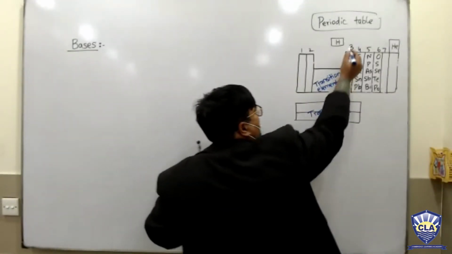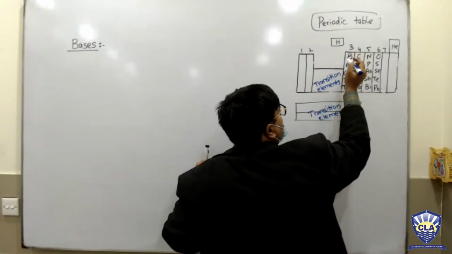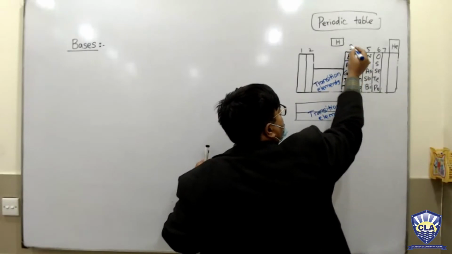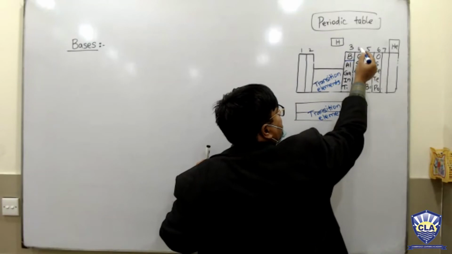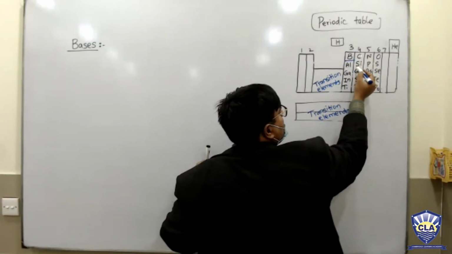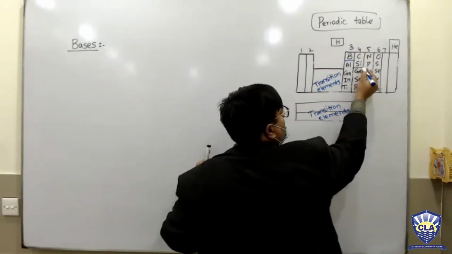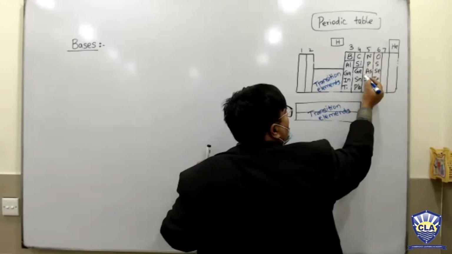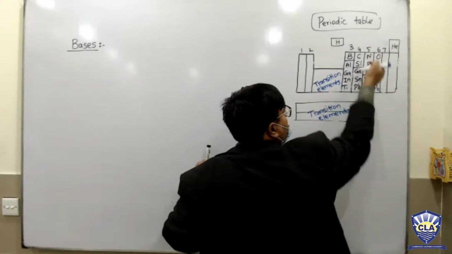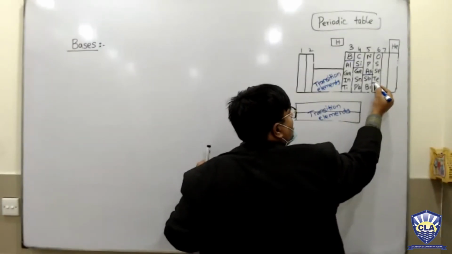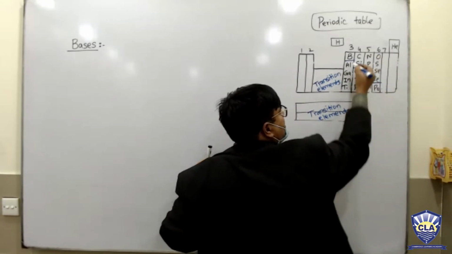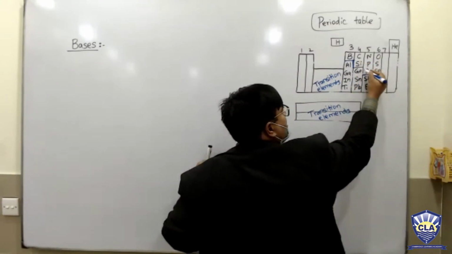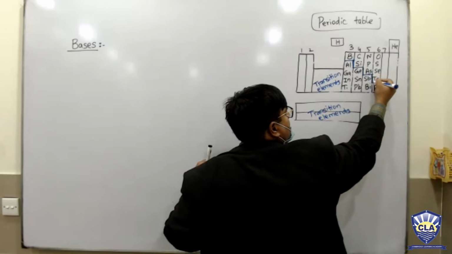You just put a line at the base of one element of group 3. You should put a line under 2 elements of group 4. You should put a line under 3 elements of group 5. You should put a line under 4 elements of group 6 and join all of these lines like that.